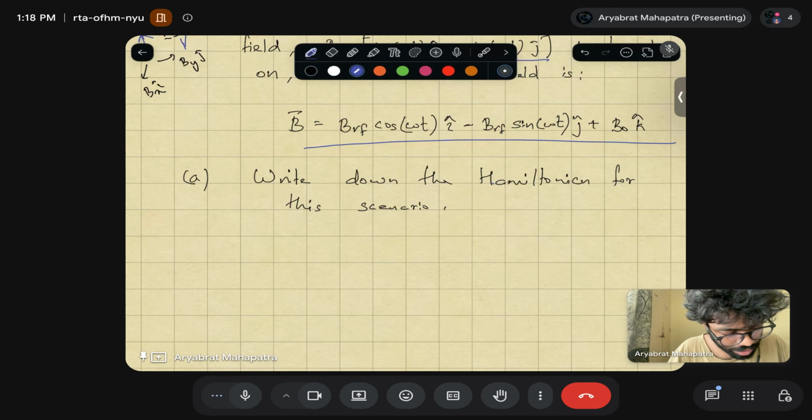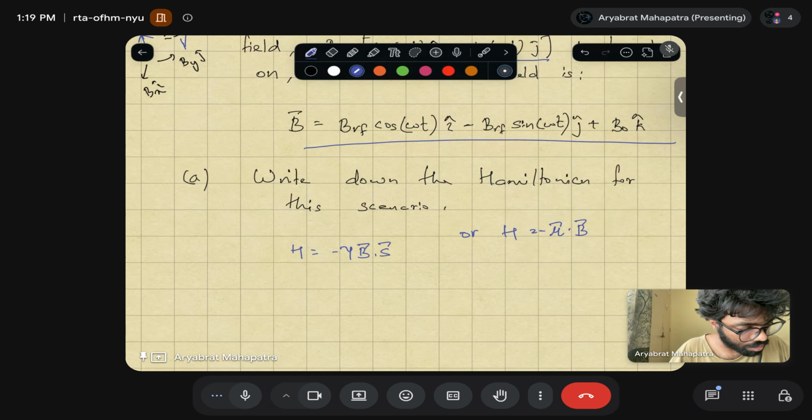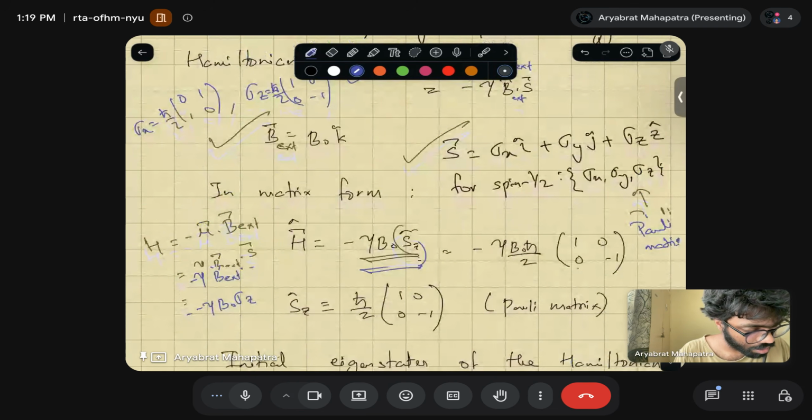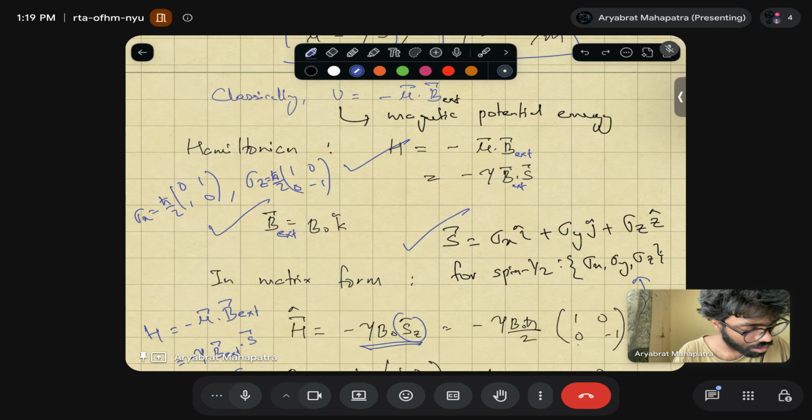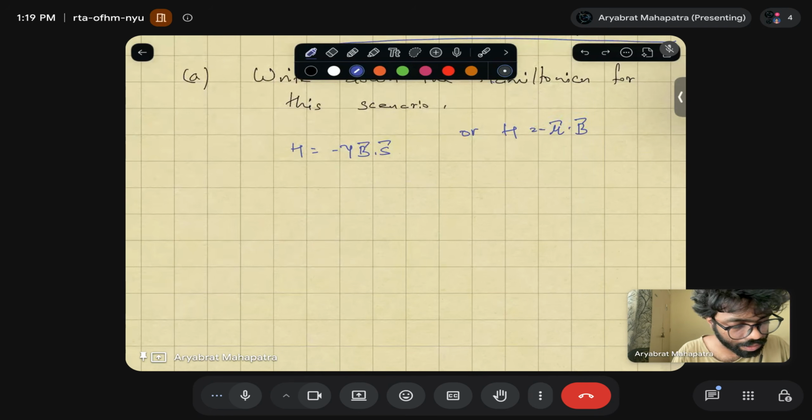If you remember, as we started out, the Hamiltonian was minus gamma B dot S, or basically minus mu dot B. In quantum mechanics, as we discussed, mu is gamma S, where gamma is the gyromagnetic ratio, which is e over m, just like in classical.